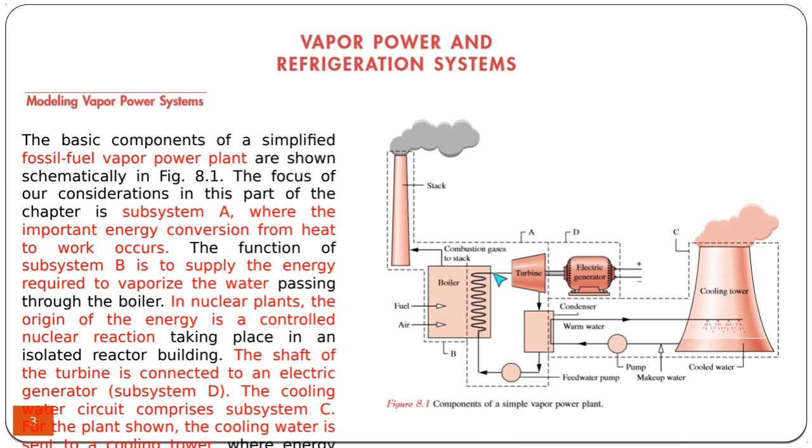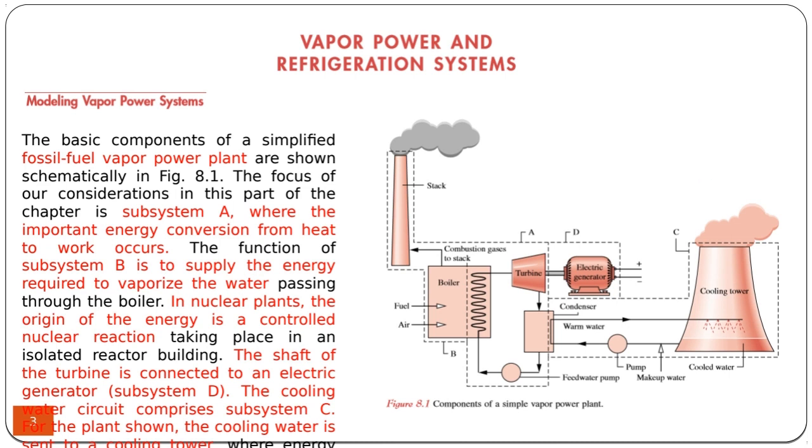And as the water is vaporized, only part of the enthalpy or energy of the water can be converted to work in the turbine, and some part of the energy must be rejected in the condenser, otherwise it's not possible to make a complete cycle. So for the cycle to be complete or to be repeated, it's necessary to reject some energy at the condenser.